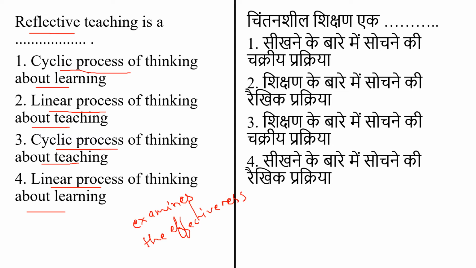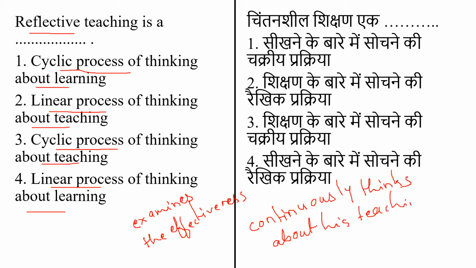Reflective teaching is a cyclical process of thinking about the teaching, because here a teacher continuously thinks about his or her teaching and ways to improve it. So what the teacher is doing is continuously thinking about his or her teaching. How can he improve it?